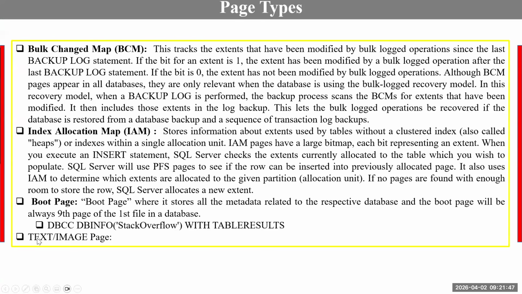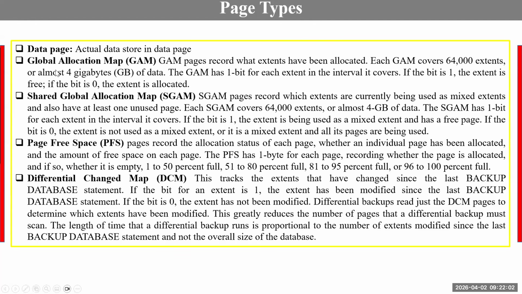Whenever you load documents, that data is stored in the text pages. When you load images, that data is stored in the image pages. So 1, 2, 3, 4, 5, 6, 7, 8, 9, 10, there are 10 page types overall, and each page does its respective work.